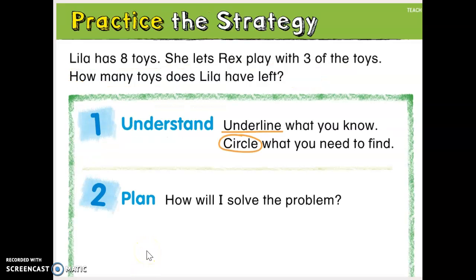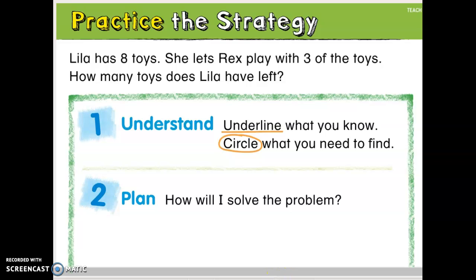Okay, we're going to use what we just learned to practice this strategy again. Lila has 8 toys. She lets Rex play with 3 of the toys. How many toys does Lila have left? So remember, we're going to get out writing tools and we're going to go ahead and underline what we do know. So we knew at the beginning here that Lila has 8 toys.